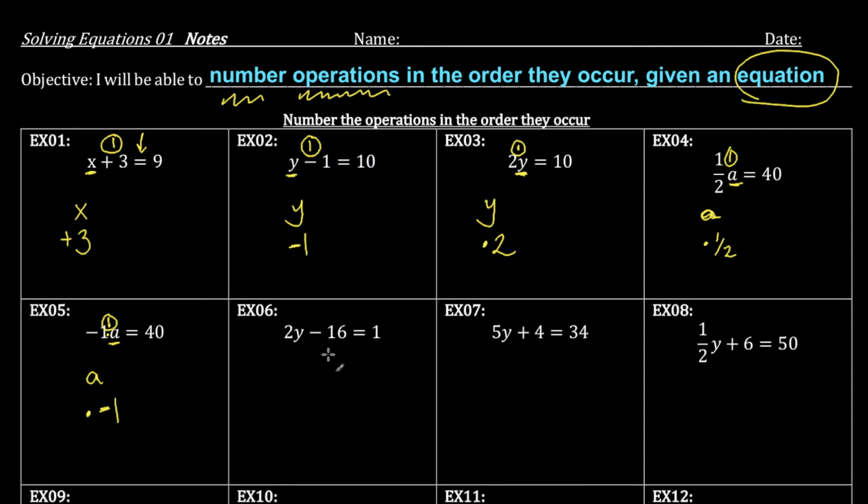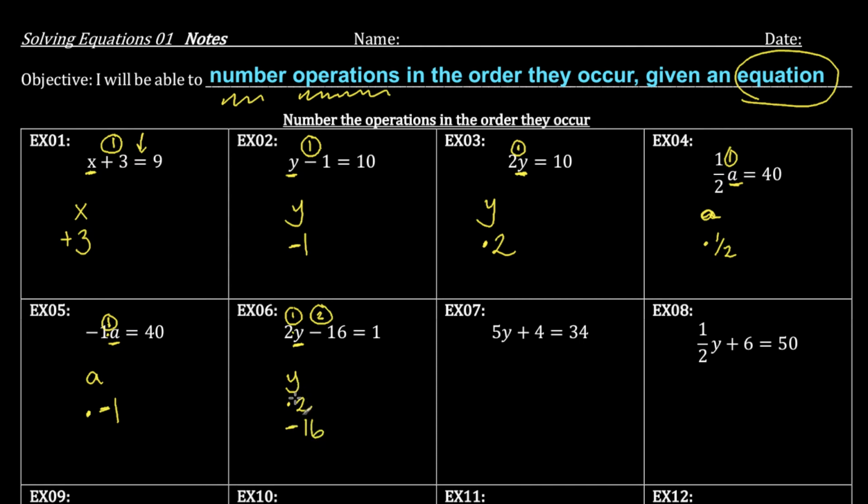Now let's add a few more. Let's start adding steps to this. So in this equation, we start off with y. And then we multiply by 2. And then we subtract 16.